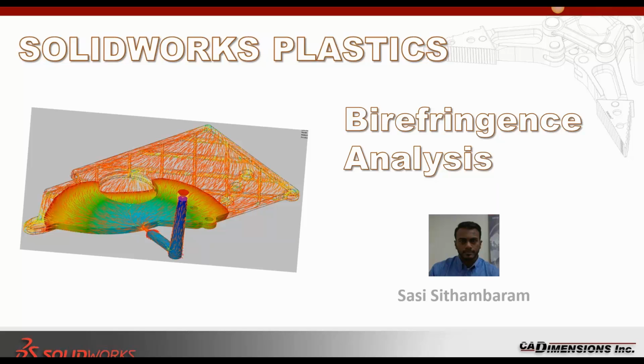So again, the goal here today is to show you how to take those parts that you will be creating within SolidWorks, those 3D CAD parts, and running an analysis within SolidWorks Plastics to see how it will injection mold and what type of birefringence you will get from the type of geometry or the injection molding properties that you use to set up.